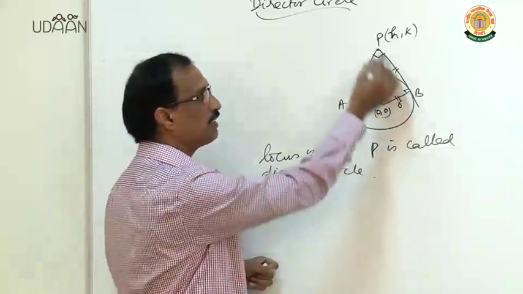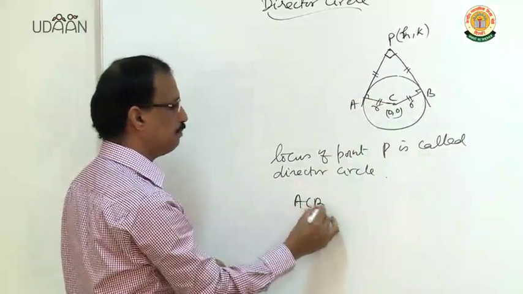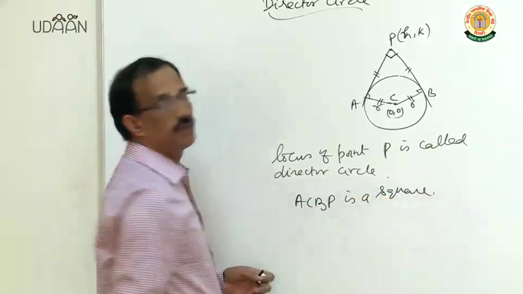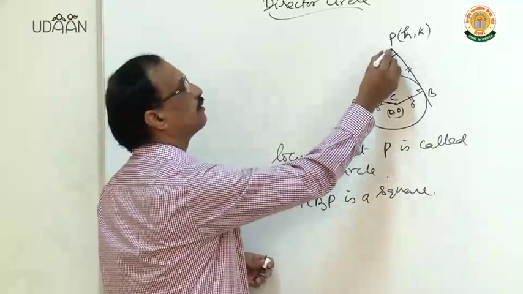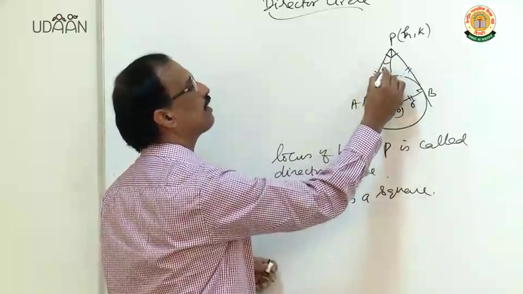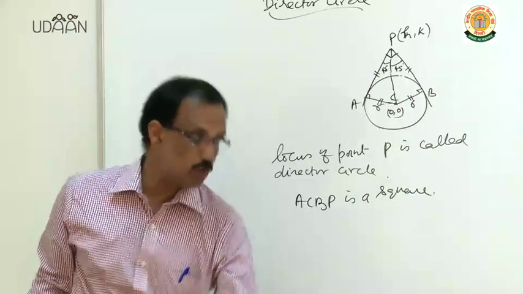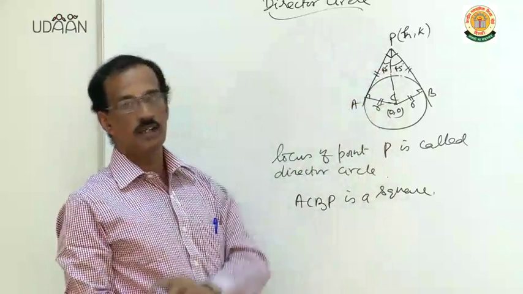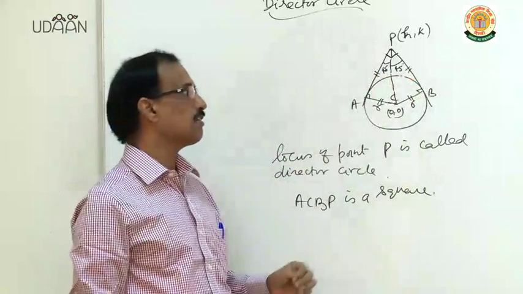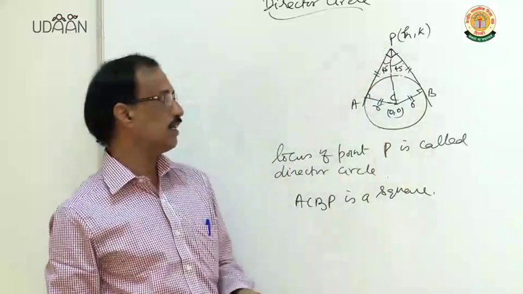Automatically ACBP is a square. If it is a square, you draw this diagonal, and this is 45 degrees and this is 45 degrees, because the line segment joining the center to the external point bisects the angle between the tangents drawn from the external point P.